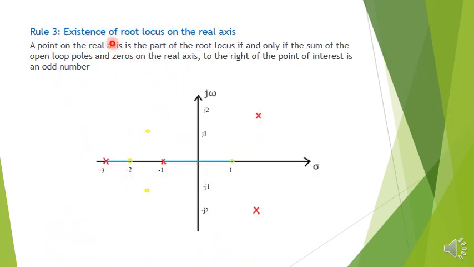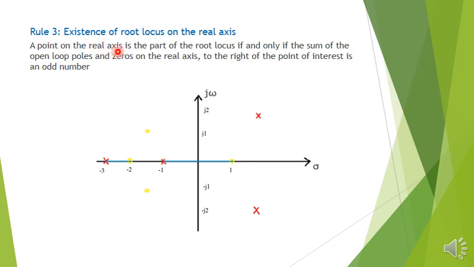A third point, existence of root locus on the real axis. Now on the real axis, which part of the real axis is part of the root locus and which is not? Any point on the real axis is part of the root locus if and only if the sum of the open loop poles and zeros on the real axis to the right of the point of interest is an odd number.